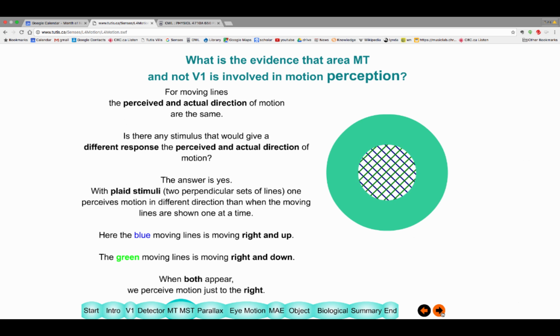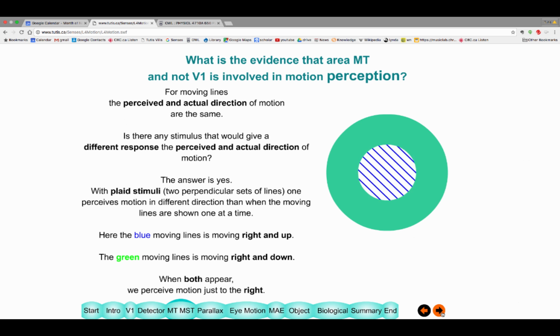One good thing to use is this stimulus here, a plaid stimulus, I'm not sure exactly how to pronounce it. You can see here, first we have green lines moving down, blue lines up, but the combination of the two moves horizontally to the right.